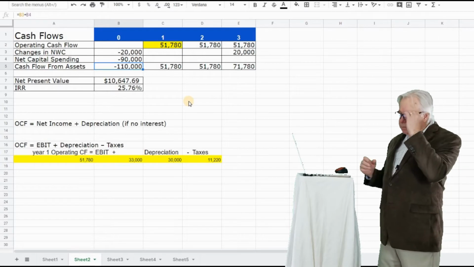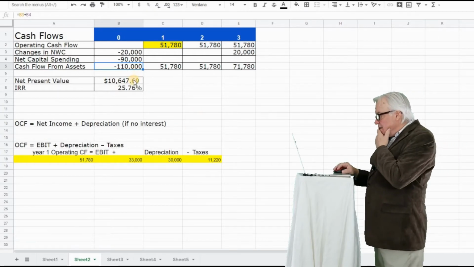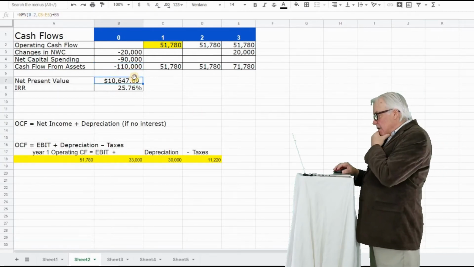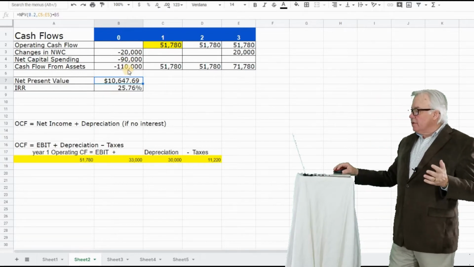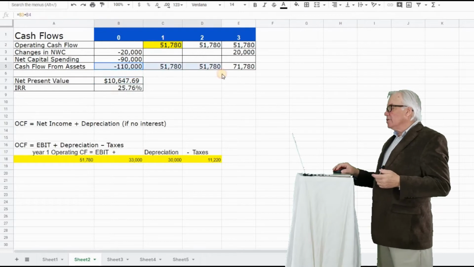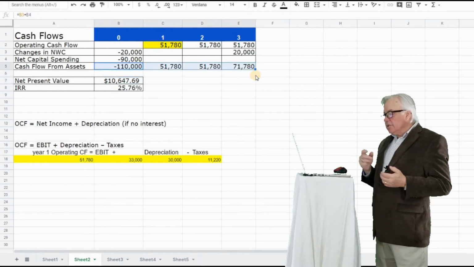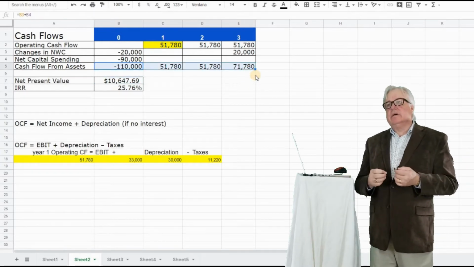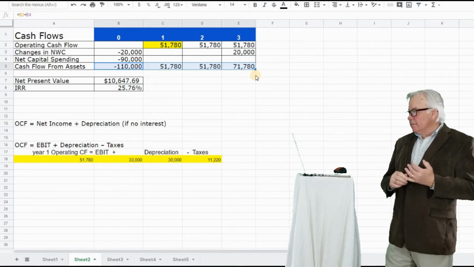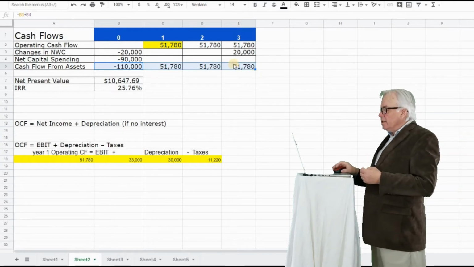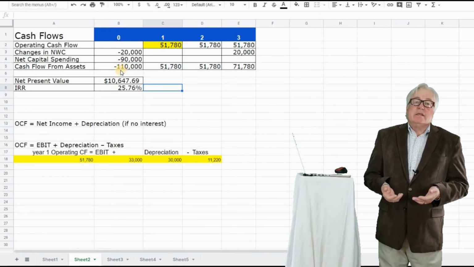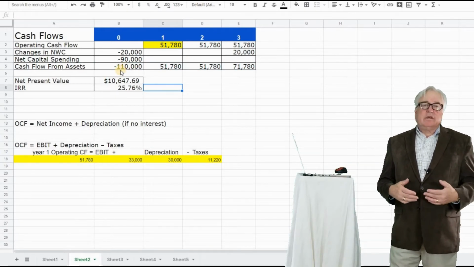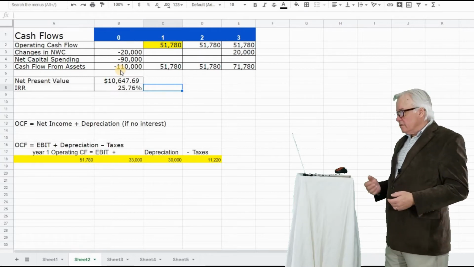Why do we do that? Because if we did a net present value on the entire stream, that would show the net present value as being less than what it actually is, because this $110,000 happens immediately. It already is at net present value. So if I discount it further, it's going to skew the analysis.